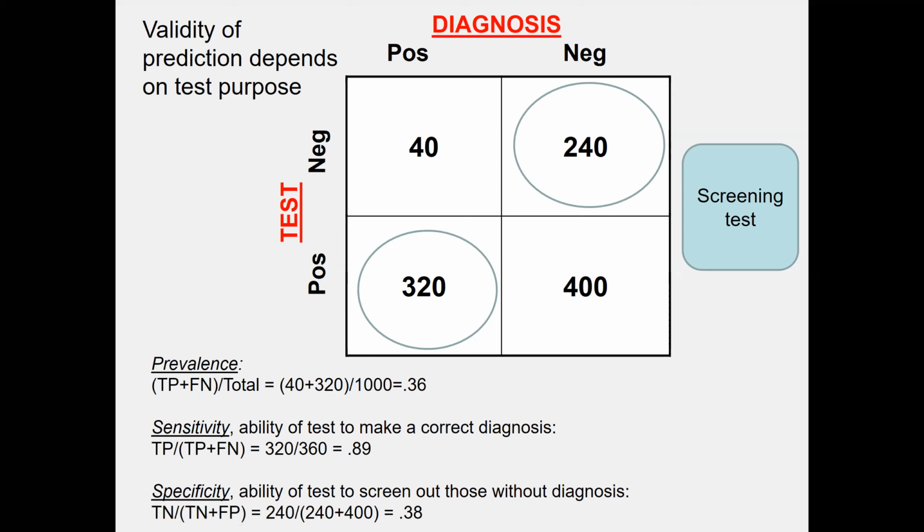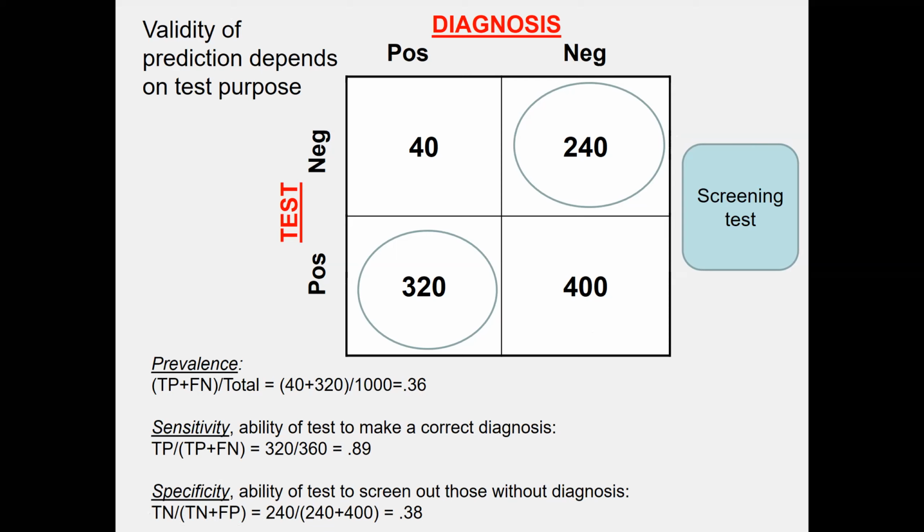So they don't have hearing problems and we don't think they have hearing problems. So we don't even take those for diagnostic testing. That is your 240 who you say, I'm not even going to take them for diagnostic testing, plus your 400 who you do think have the disease and don't.